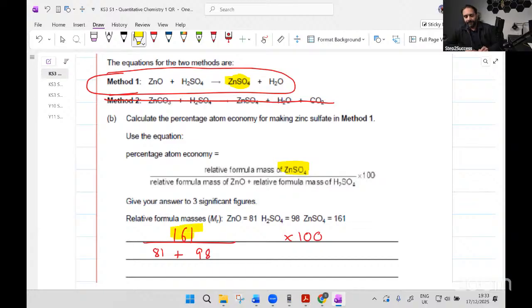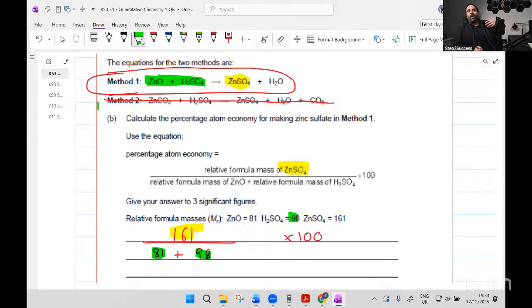Then divide it by the total relative formula mass of everything on the left-hand side of the arrow. So you add together zinc oxide, which was 81 there, to H2SO4, which is that number, divide them and times the answer by 100. That is what it is, without me explaining how we arrange the compounds in the equation.